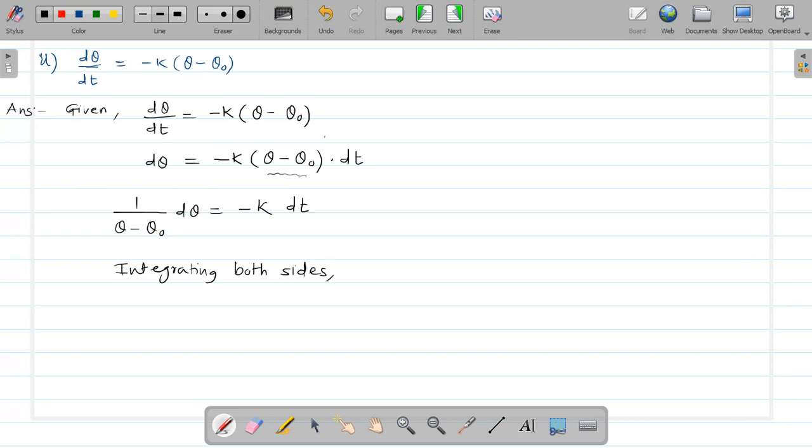Now see what you will get. The integration of 1 upon theta minus theta 0 with respect to theta is equal to the integration of minus k with respect to t. Now see what is the integration of 1 upon theta minus theta 0. As we know, the integration of 1 upon x with respect to x is log of modulus of x.